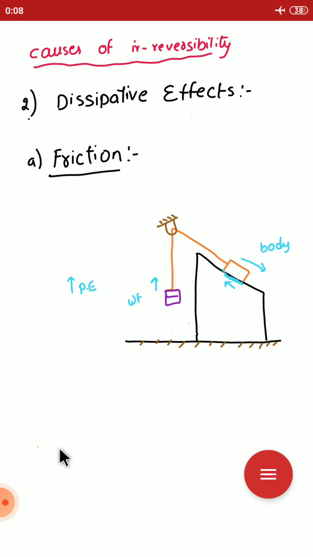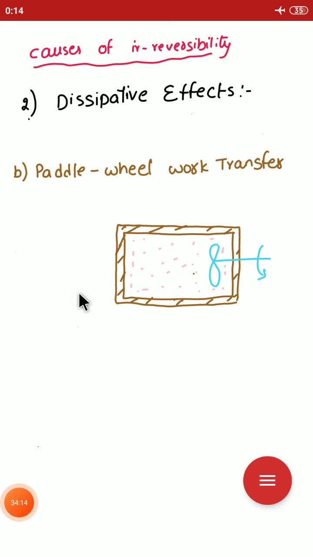Next, similarly, the paddle wheel work transfer. This is the second example of the dissipative effect. First we will explain: this is an insulated container with a fluid inside and a rotary fan. When we rotate this fan, the molecules keep moving in random motion, so the temperature of the molecules will rise.